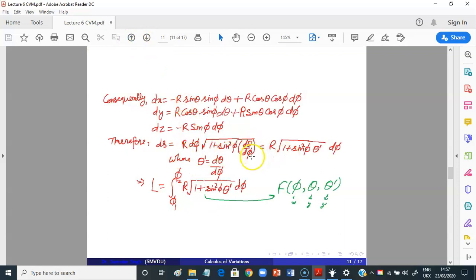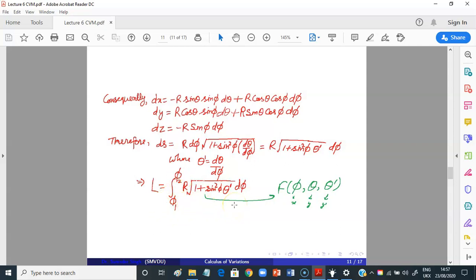Here d theta over d phi will be called theta dash. Theta dash here stands for d theta over d phi. So this is in fact the value of ds. When you put this value of ds in L from point A to B, because we are integrating with respect to phi, the limits will be taken in terms of phi, that in moving from point A to B, phi changes from phi 1 to phi 2.